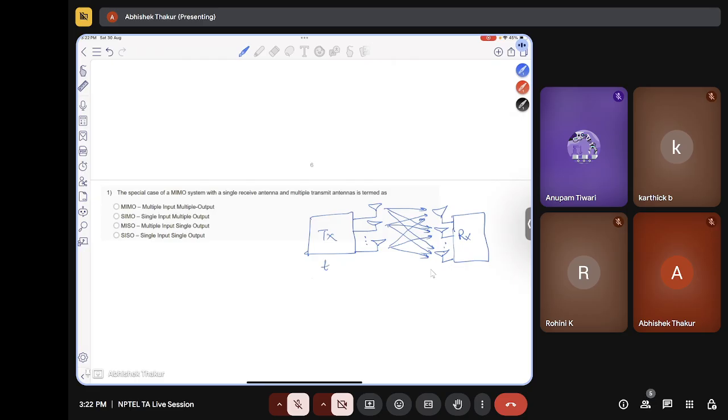So it is having T transmit antennas, let's suppose, and R receive antennas.